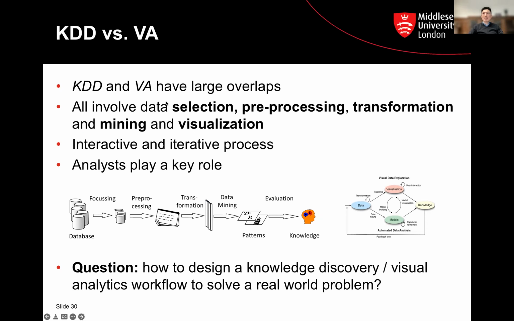But I would say they have more and more overlap over time, partly because the processes they go through, either data analysis or visual analytics, are quite similar. These are all the steps that will be involved, whereas the pipelines or processes look a little different. KDD is more flat or linear, whereas visual analytics looks more interactive and iterative.